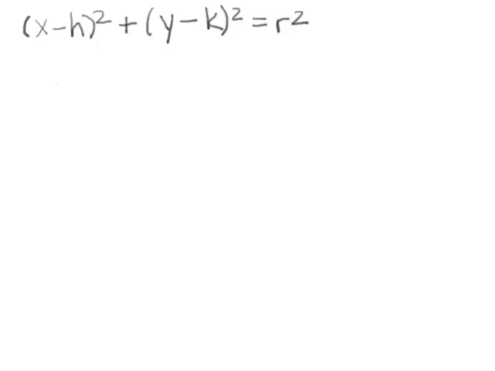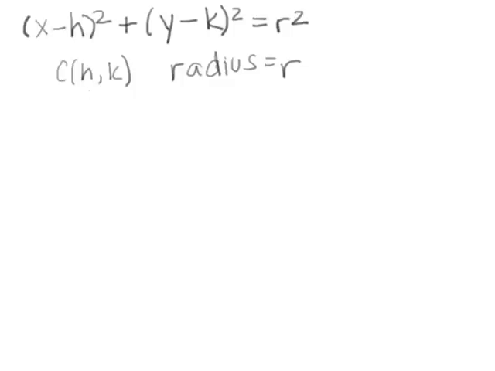And the information that we can pull out are the center, which is (h, k), and the radius, which is just r.